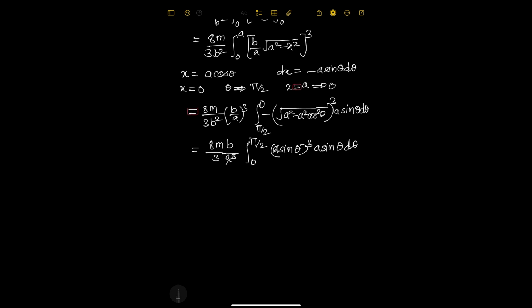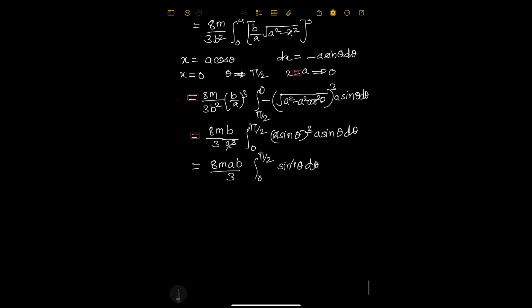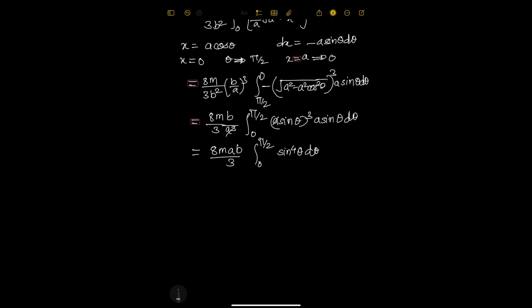So this is gone and a remains. So 8m ab by 3, 0 to pi by 2, sin raised to 4 theta d theta.